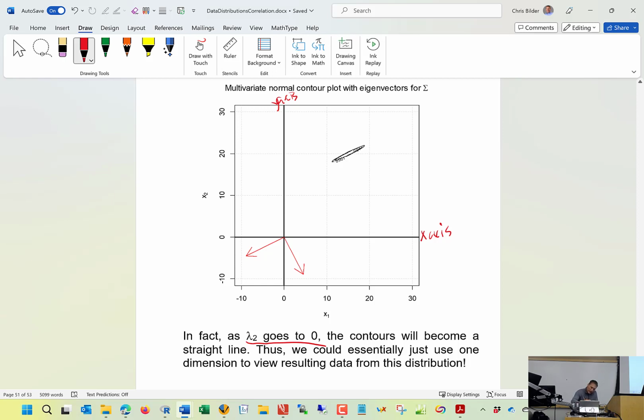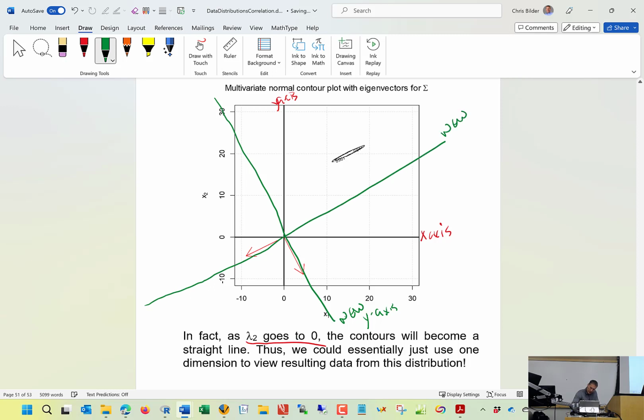Suppose I rotate them in a way that they follow the same directions. So this is the new y-axis. I could rotate them in a way that they're still perpendicular, or orthogonal, to one another.